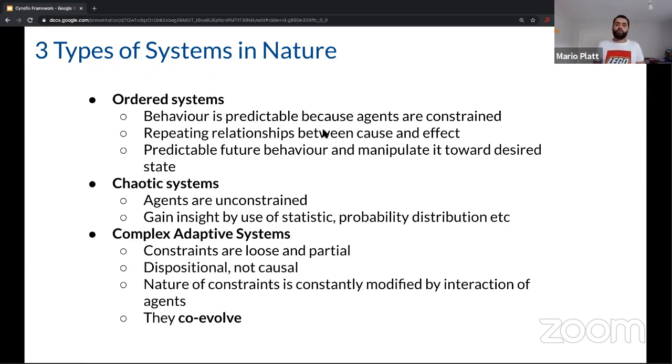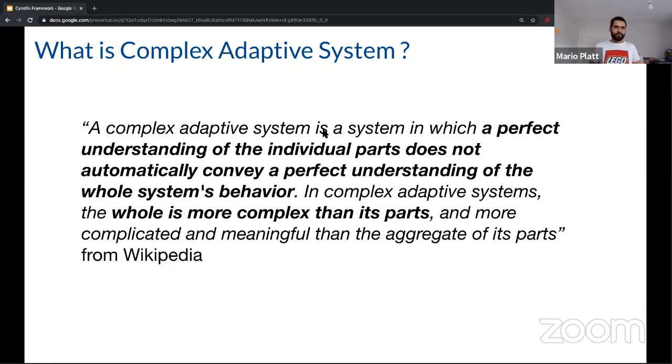Okay, so when we're making changes to our organizations, we are co-evolving its security property, as is every other change that happens in your organization. So the idea of governance changes, of process changes, of all those other things, they change how our organizations behave. Right? And these are the three types of systems in nature.